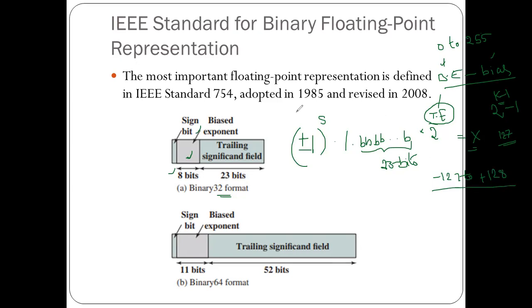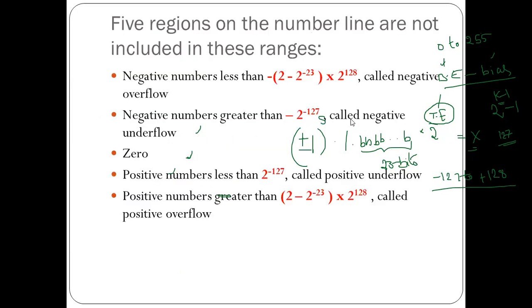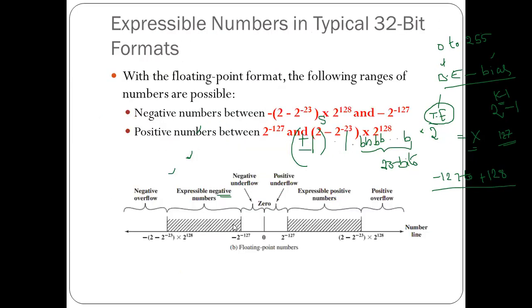With this implementation, we can have numbers in a range like this. We have represented on the number line the maximum and minimum, on both the positive side and negative side, and we concluded that there is a possibility of not covering certain regions.